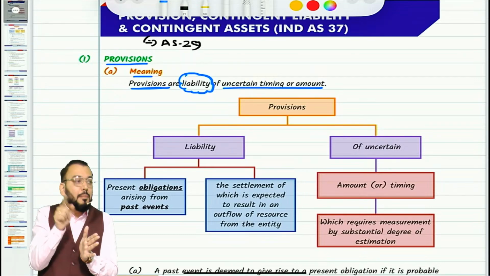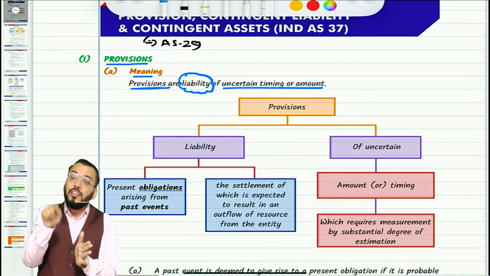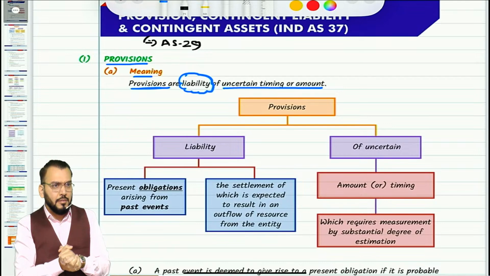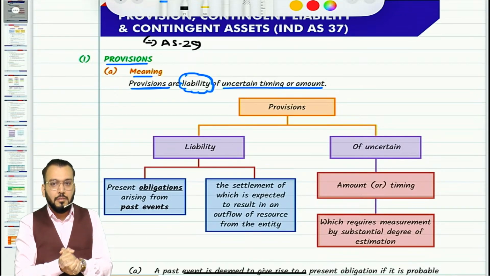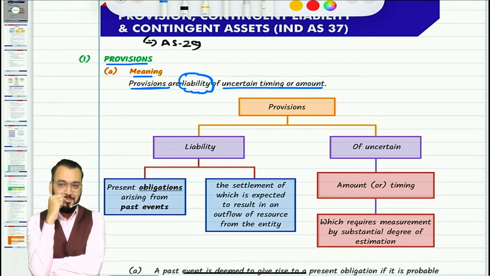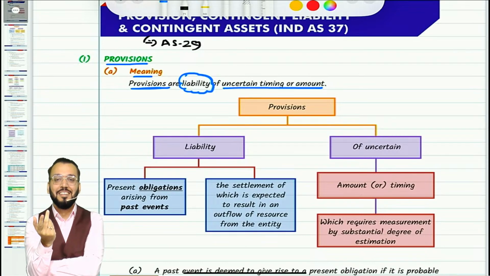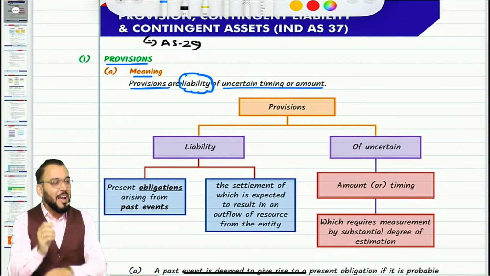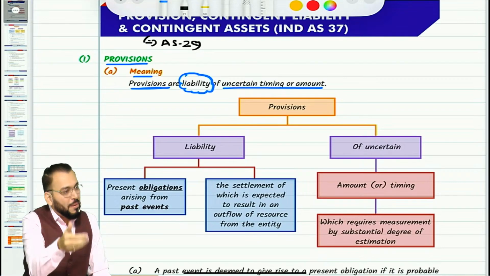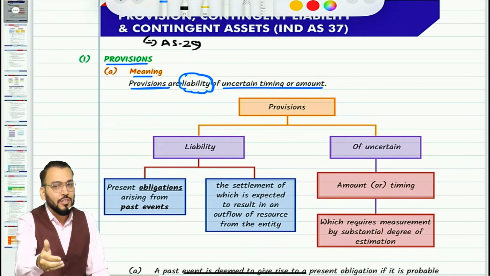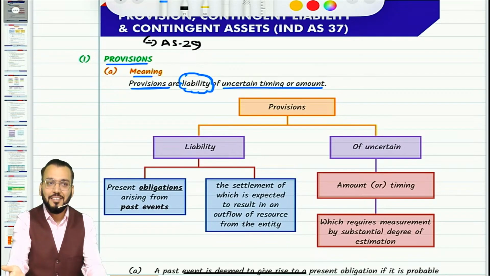If both the amount and timing are known, then it is what? It is a liability only. If both the amount of payment and the timing of payment are known, it means it is a perfect liability.